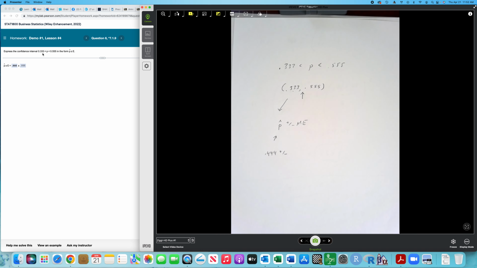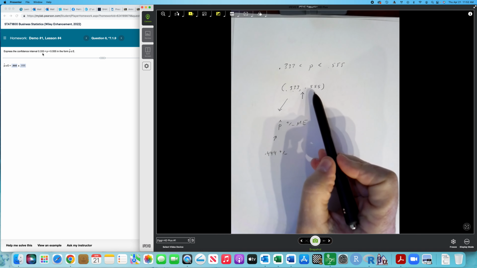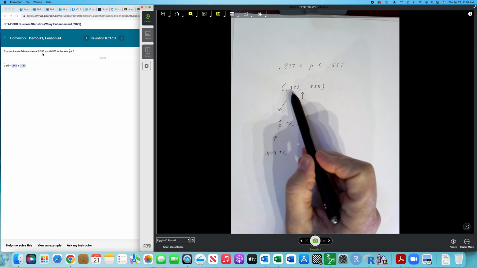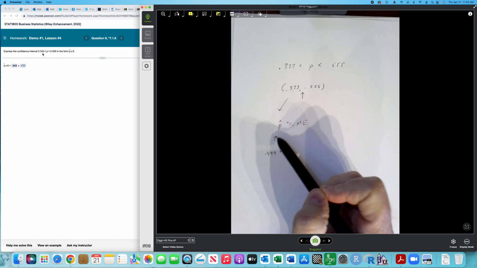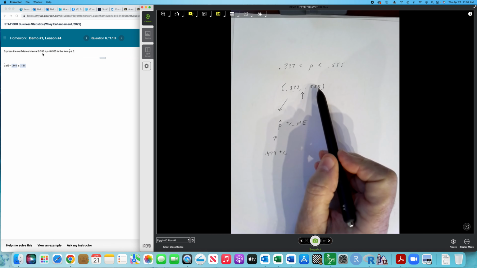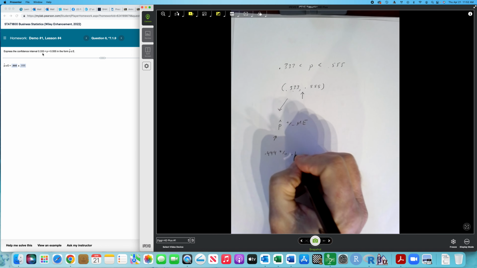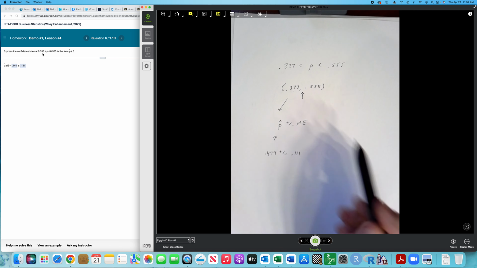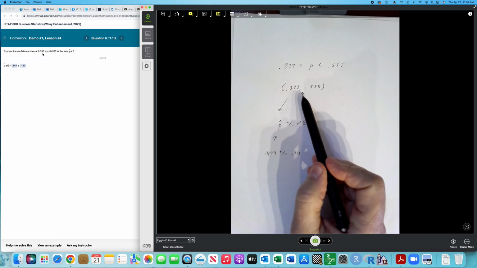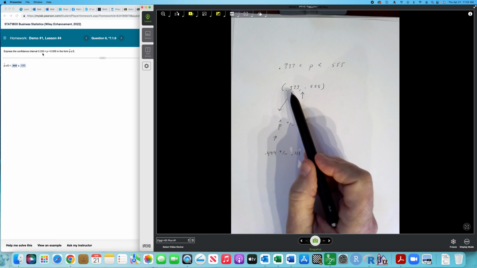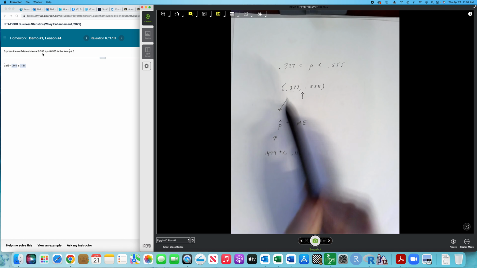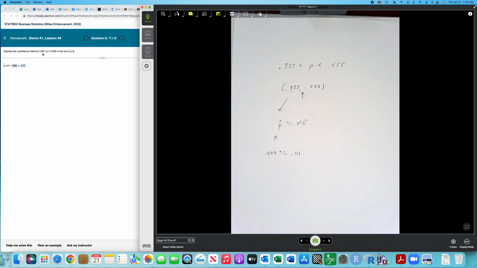And then plus or minus what? Well, all I need to do is take one of these numbers and see the distance from the center to it. If the center is 0.444, the distance up to 0.555 is just 0.111. At the same time, if I have the middle at 0.444, I can subtract 0.111 to get the lower bound of 0.333.